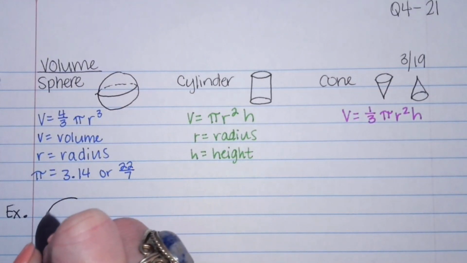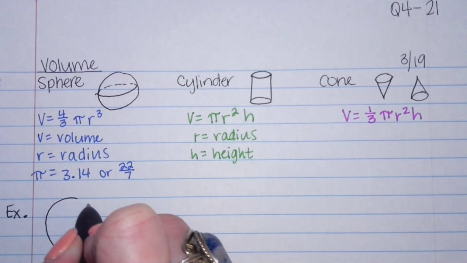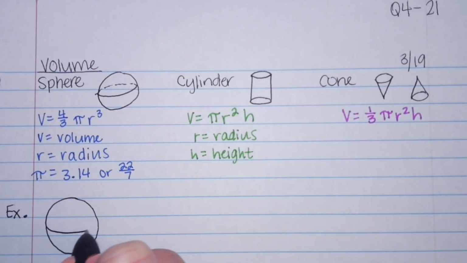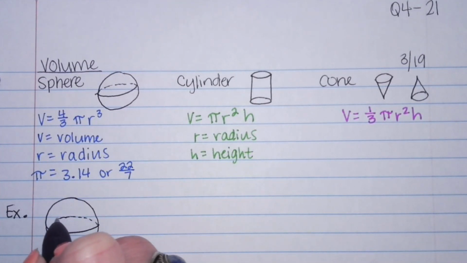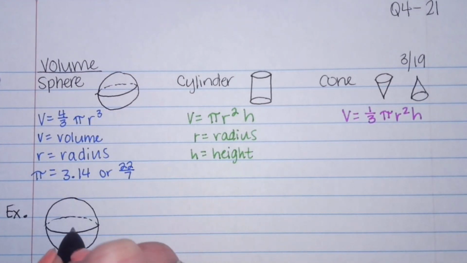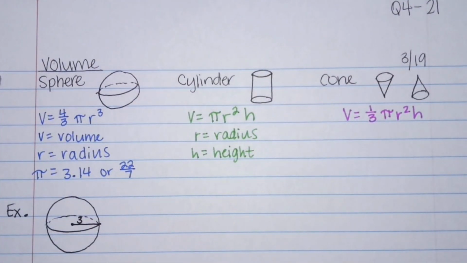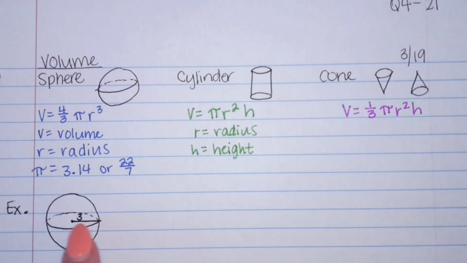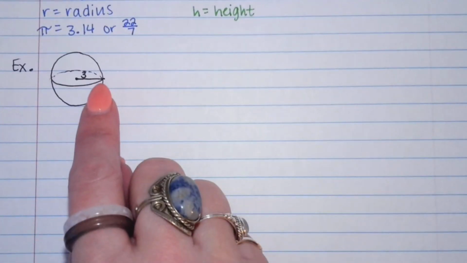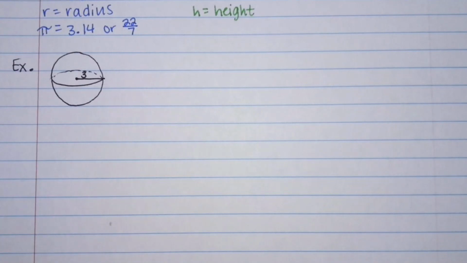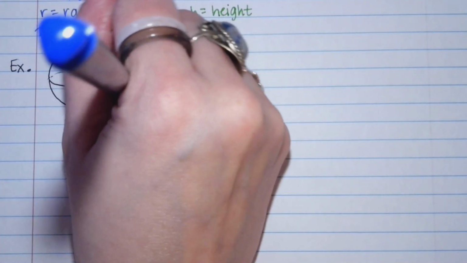First example, given a sphere. And we are going to label the center of the sphere here, and that is marked as 3. So this 3, because it only goes across half of that circle, is going to represent our radius.